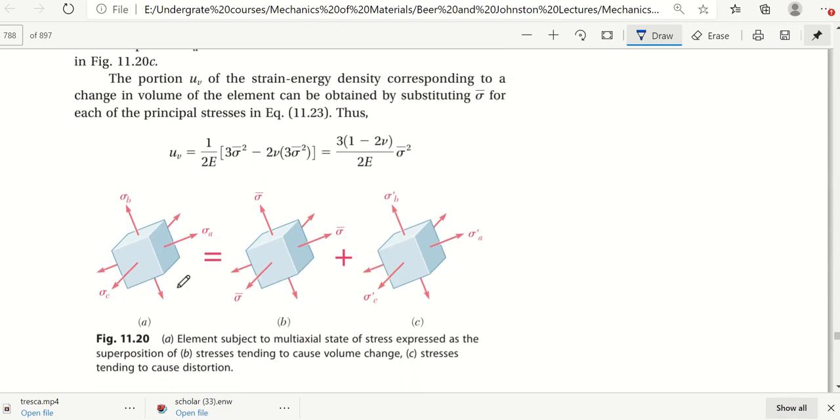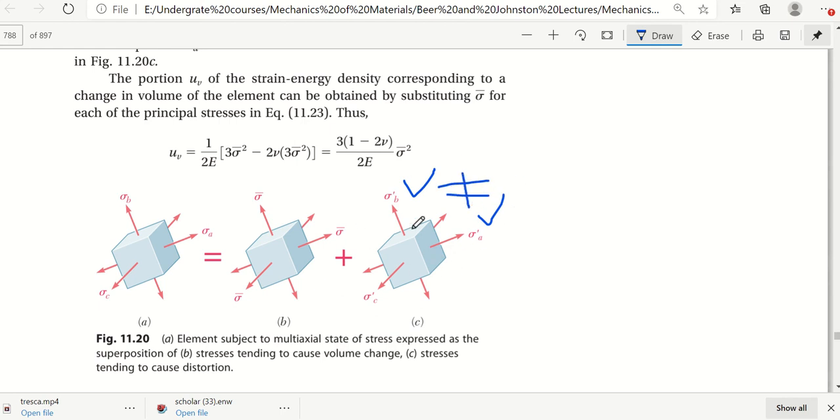So this can be expressed by this diagram. Elements subjected to multi-axial state of stress, it means that there are stresses which are equal, the average stress, equal in quantity and acting on each face of the cube, plus sigma A prime, sigma B prime, and sigma C prime. So we already discussed that sigma A prime and sigma B prime might not be equal.